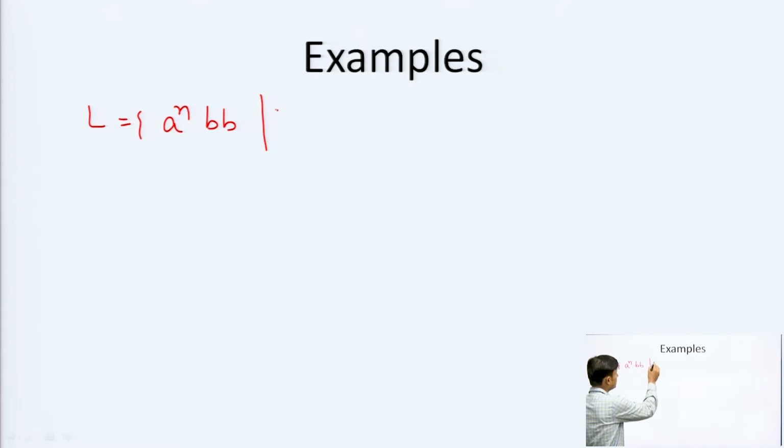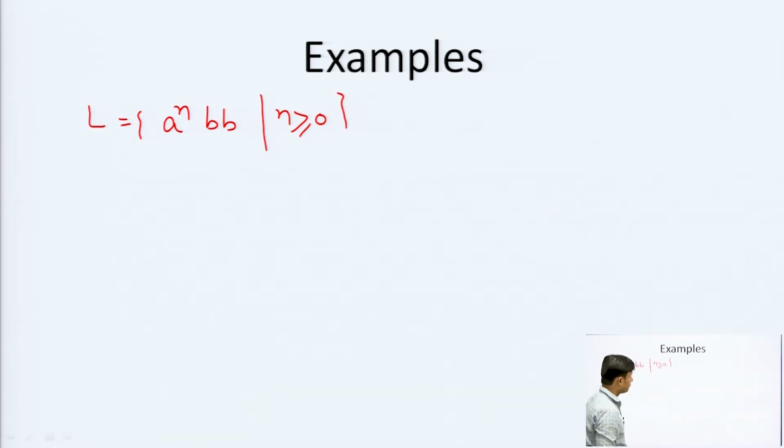So, let us first take an example. L is a to the power n and b, where n is greater than or equal to 0.